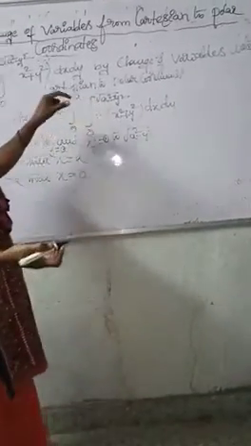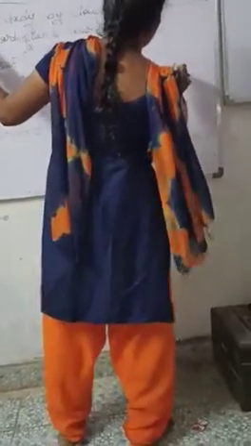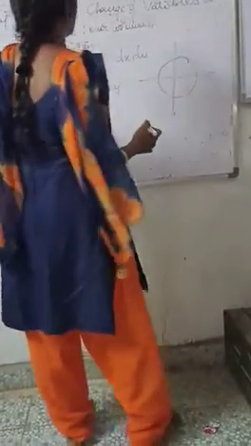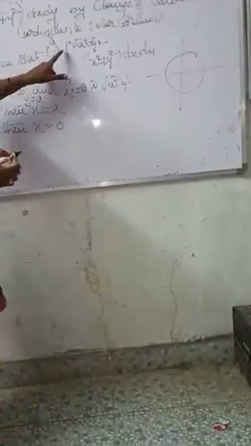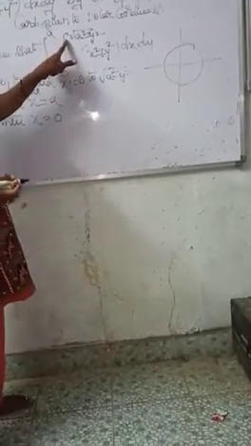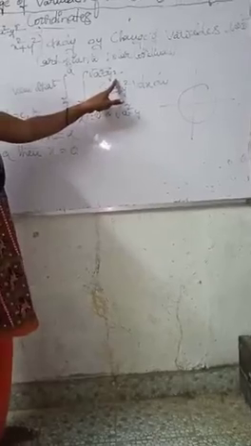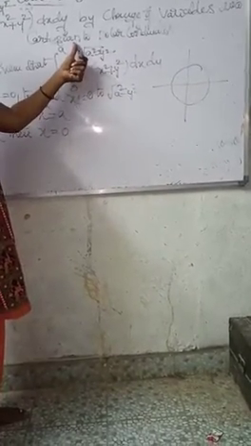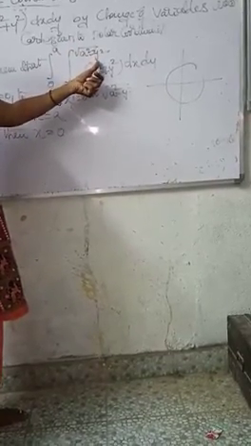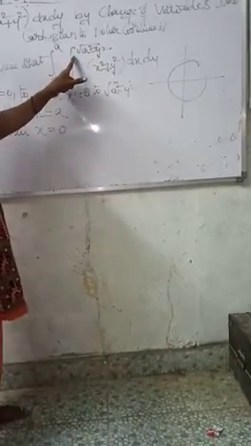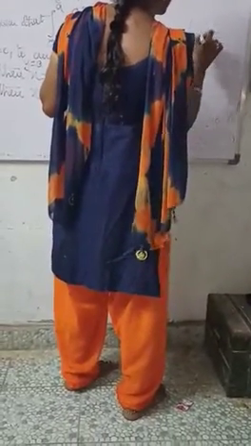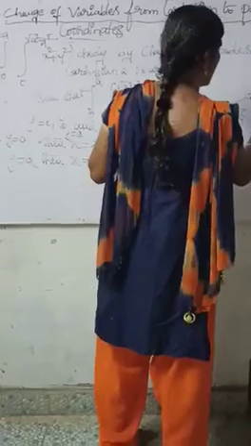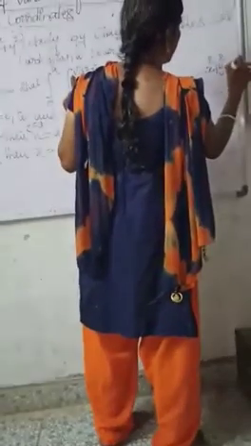In this given problem the region in the plane: suppose x equals root of a square minus y square, squaring on both sides, x square equals a square minus y square, that is, x square plus y square equals a square.